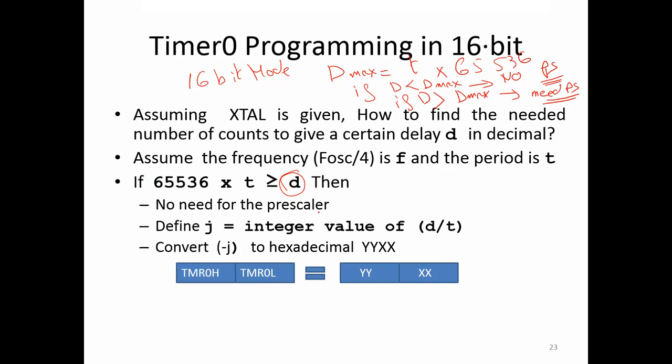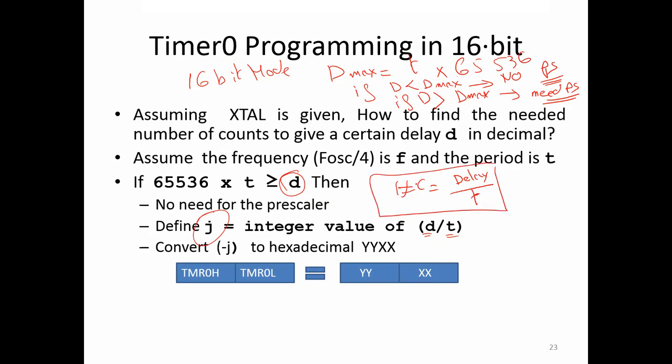So how to define the initial count? First of all, we have to find the number of counts. The number of counts equals our delay divided by our period T. So this is without the prescaler.